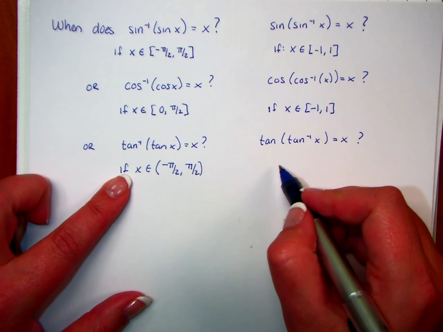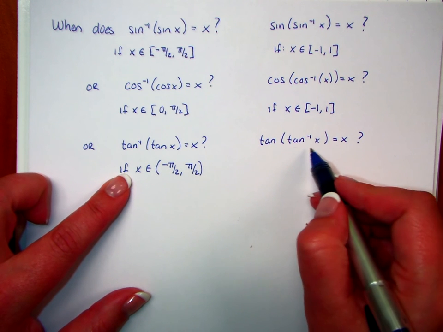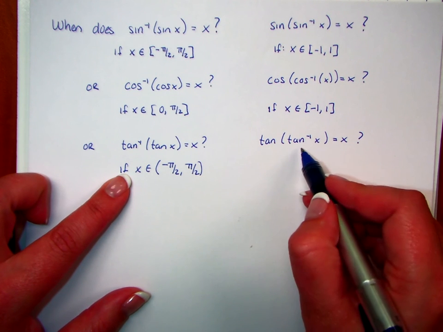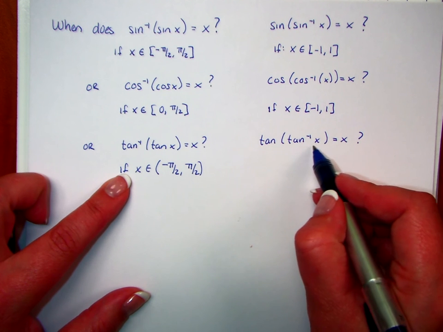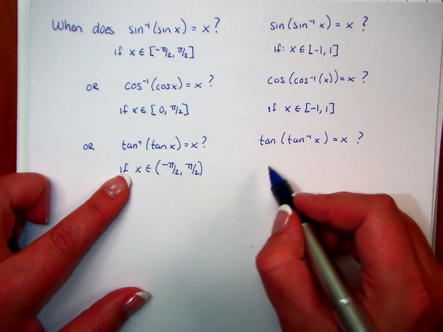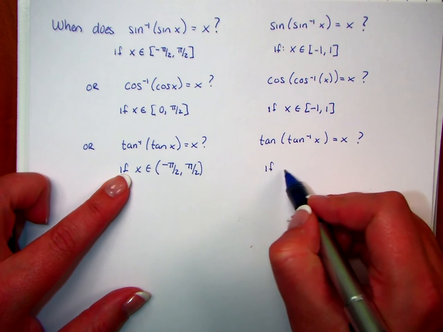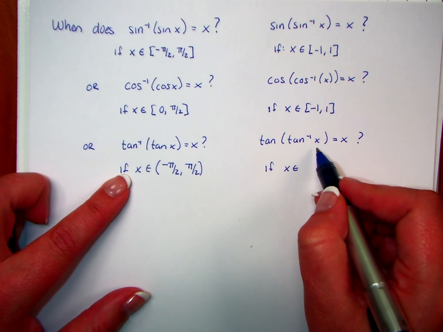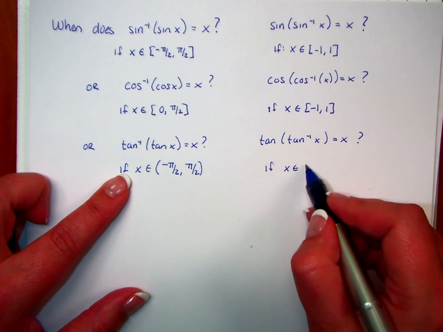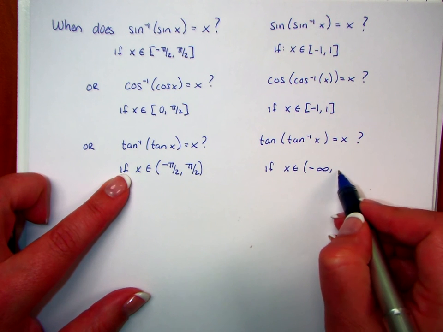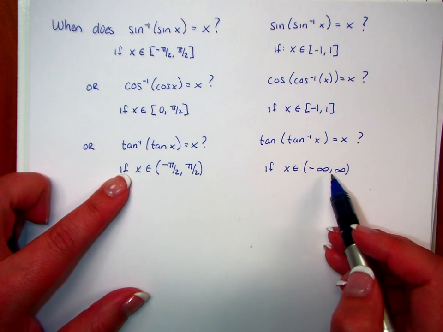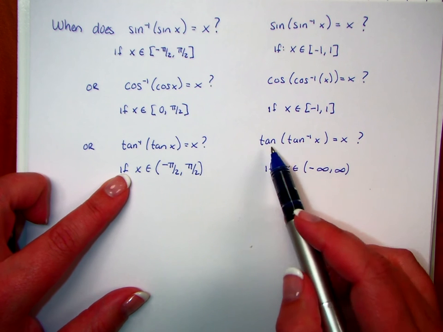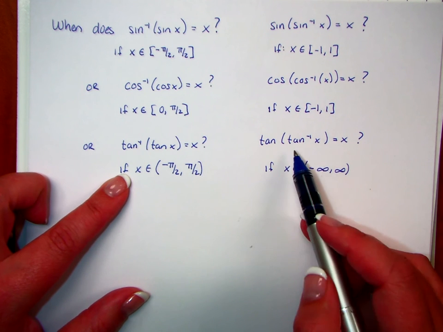For tan of tan inverse of x, we look at the domain of tan inverse, which is the range of tangent, and the range of tangent is all real numbers. So this one occurs 100% of the time. If x is between negative infinity and infinity, these will cancel. This is the only one that's always true.